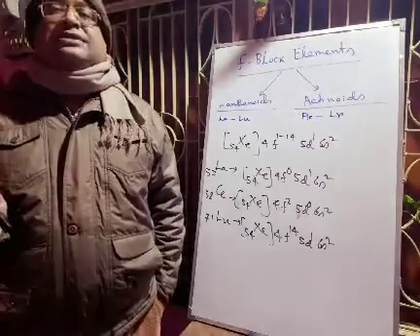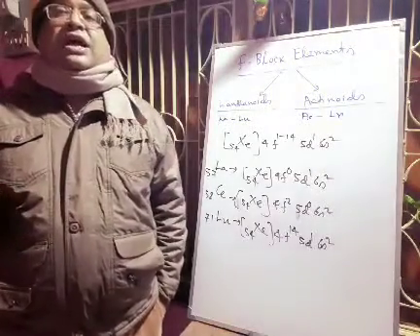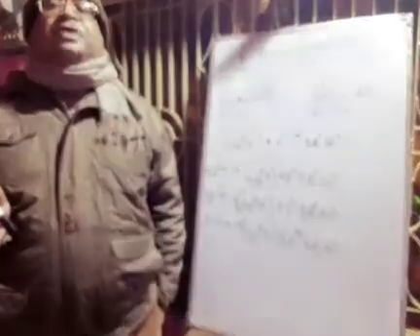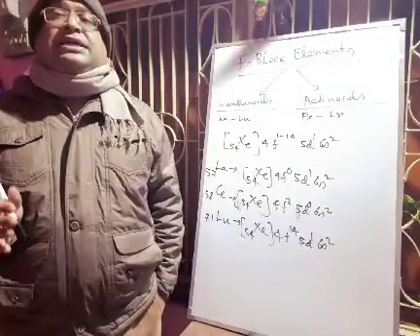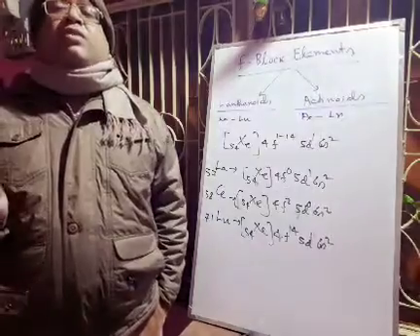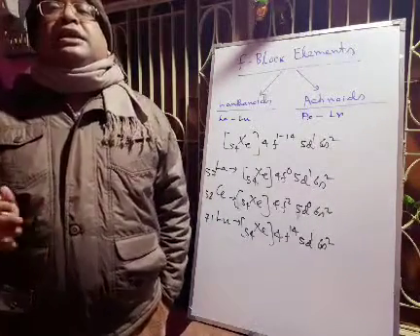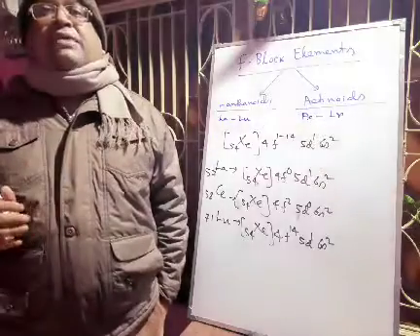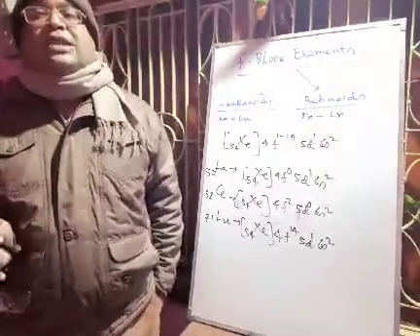Lanthanum has the longest radius, 1.06 angstrom, and lutetium has the smallest radius, 0.85 angstrom. This decrease in the ionic radii from 1.06 angstrom to 0.85 angstrom in steps, averaging about 0.015 angstrom, is known as lanthanide contraction.